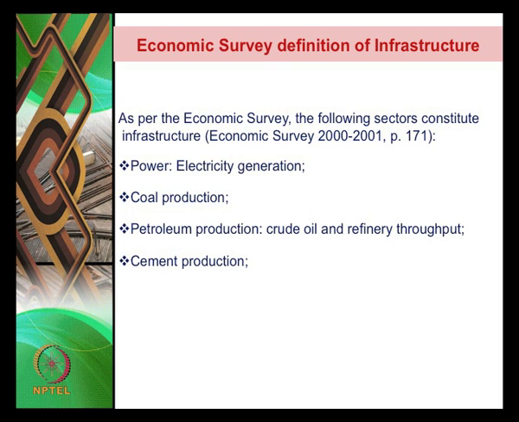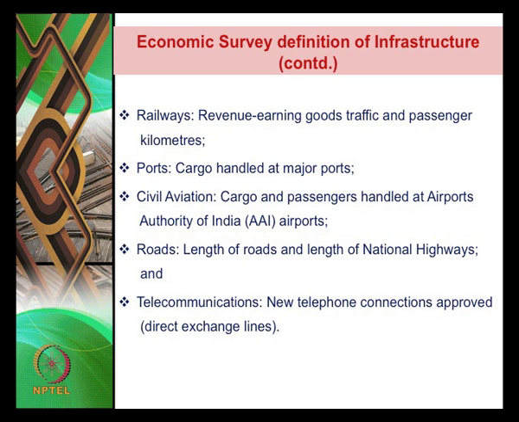For example, it says power, specifically electricity generation, is under infrastructure, coal production is infrastructure, petroleum production, crude oil and refinery throughput, cement production, railways, specifically freight and passenger traffic, then you have ports, then you have civil aviation consisting of airports, then you have roads and telecommunications. So these are the 9 sectors that have been defined as infrastructure in the economic survey.